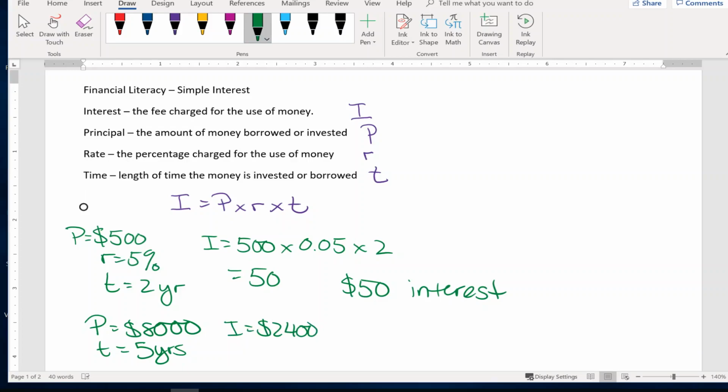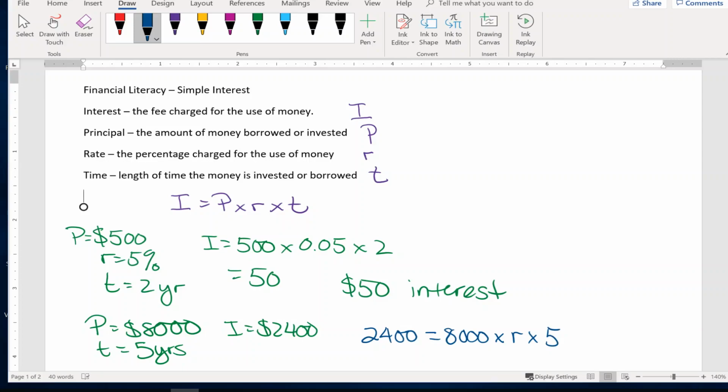Now, we can figure out what the rate is that the bank is charging us by plugging all of these values into this formula as well. So we know that the interest is $2,400, that's our I, and we know that this is equal to the principal amount, which is $8,000, times the rate, times the time in years.